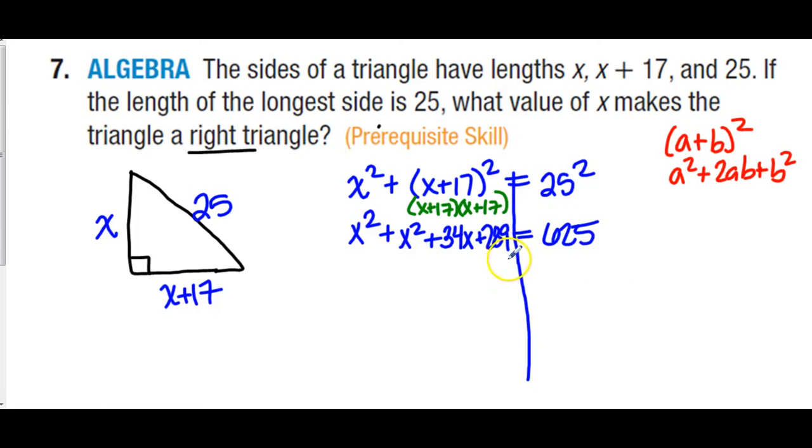If that shortcut doesn't work for your brain right now, that is okay. Go ahead and use your arrows, multiply out, combine like terms, and you'll get to the same place. Combining like terms at this step, I get 2x squared plus 34x plus 289 equals 625. And to solve here, for any quadratic, we need the right side to be 0. So I will subtract 625 over.